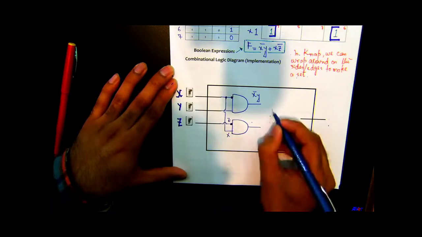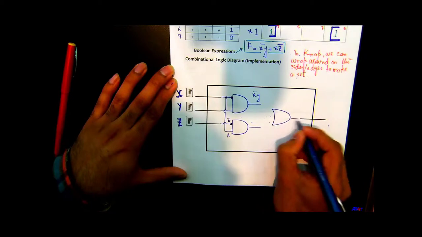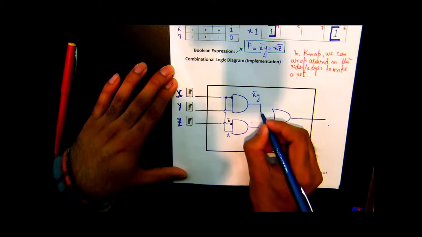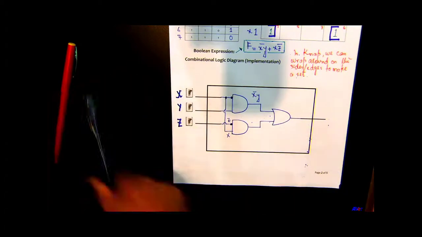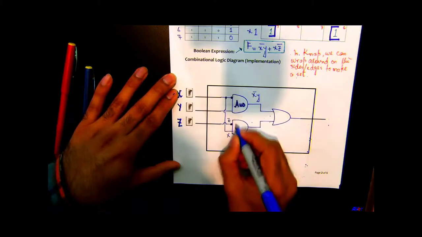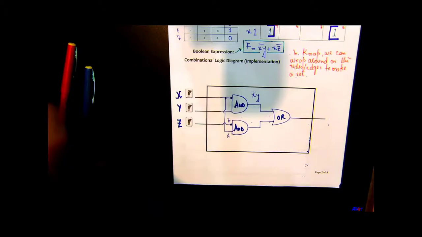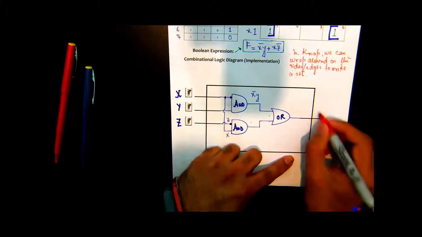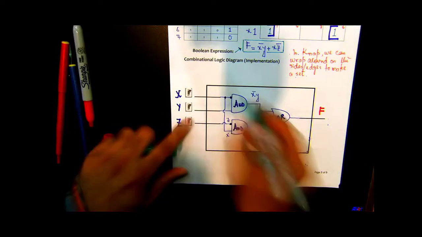And these two go into an OR gate. And this is going to be my output F right here. These are the two bubbles.